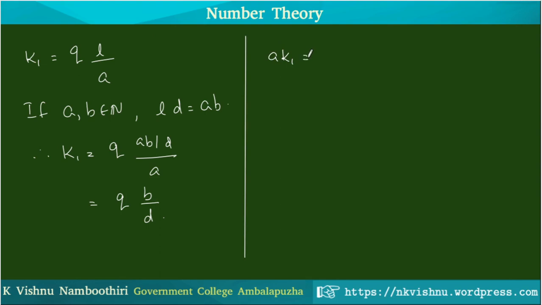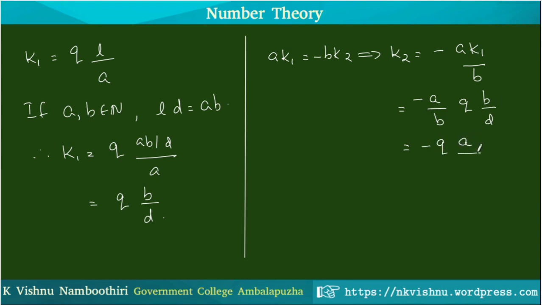So k2 equals minus a k1 by b, and k1 is q b by d, so this is equal to minus q a by d.